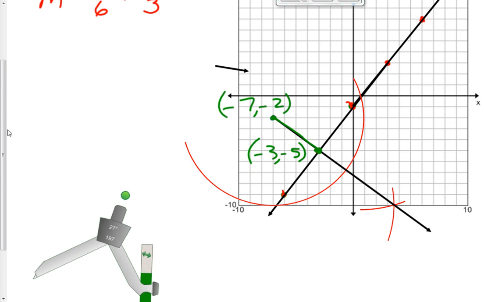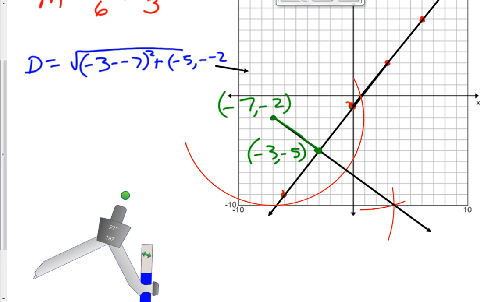So to find the distance, d equals the square root of x2 minus x1, quantity squared, plus y2 minus y1, quantity squared.